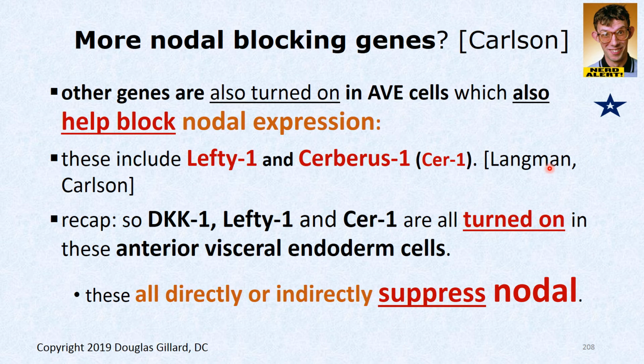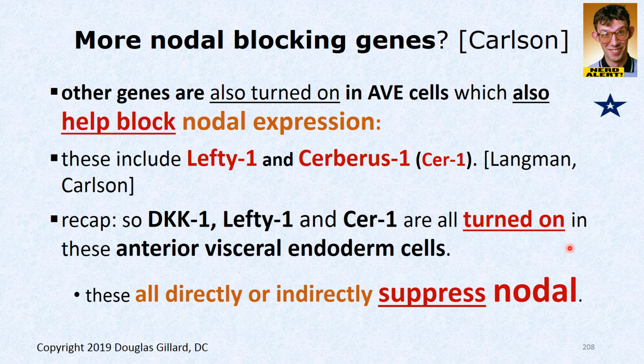Okay, more nodal blocking genes. So just in case maybe you have a mutation in the DDK1 gene and oh my God, your fetus is going to abort. No, it won't. There's some other genes that can also do it. Lefty 1, some gangster type genes, the gangsters. This is the thinker of the gangsters, Cerebrus 1. Cerebrus 1 and Lefty 1, the two gangsters, those can also turn off nodal all by themselves. They can assist DDK1 as well. So to recap, we have 3 genes that turn off nodal, DDK1, Lefty 1, Cerebrus 1, or CER1.